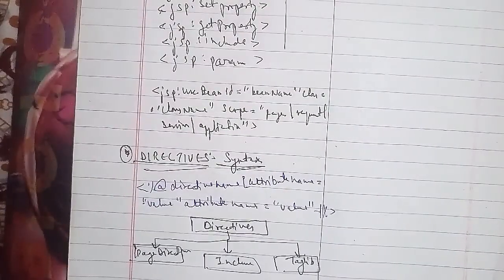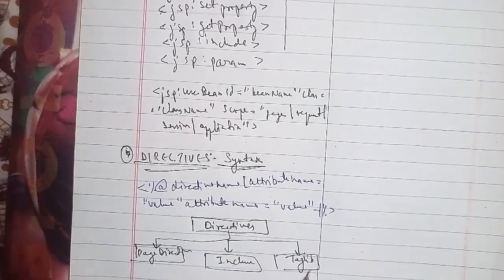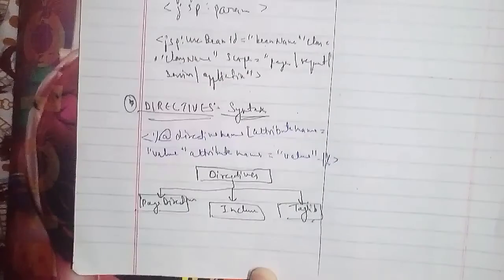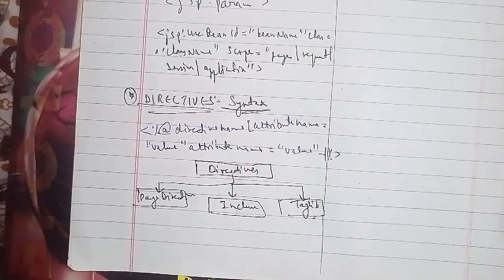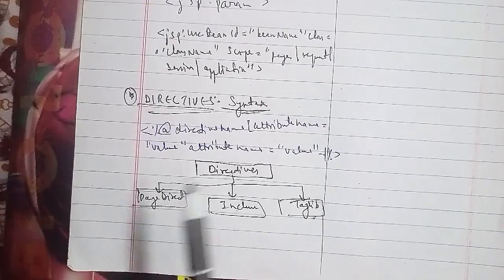the page directive is used to provide information about the page, and various attributes of the page directive are used. If I'm talking about the attributes used for the page directive, we have 11. So here we'll discuss them.